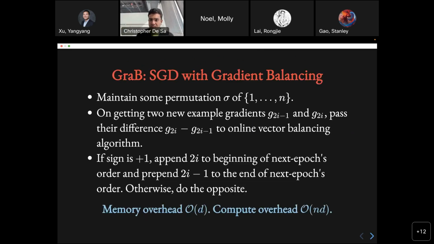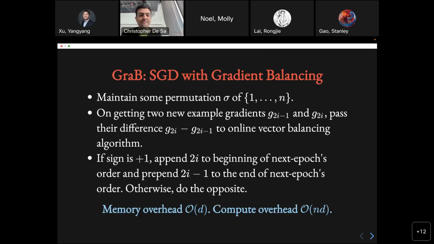So here's the idea. Here's the algorithm. We call it GRAB, gradient balancing. We start with just some arbitrary permutation of the data. Usually this is just a random permutation. Now, when we get 2 new example gradients, so gradients for 2 examples that are consecutive to each other in the current permutation, we pass their difference to an online vector balancing algorithm that we're running in parallel with the optimization loop.